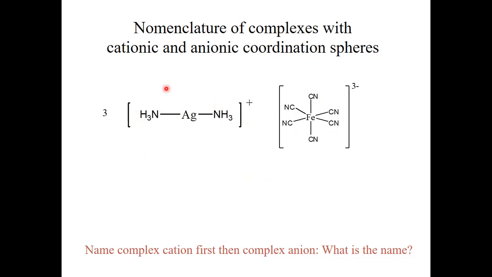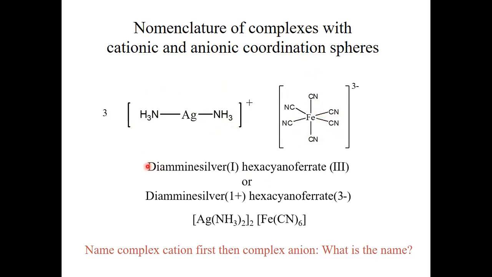We encountered both the complex cation and the complex anion before. So therefore, this would be a diamine silver(I) hexacyanoferrate(III), or a diamine silver(1+) hexacyanoferrate(3-). Note again, we do not count the number of complex cations or the number of complex anions that we have.